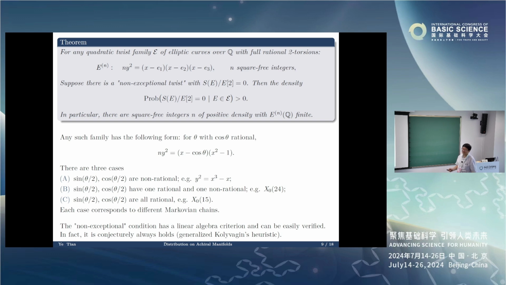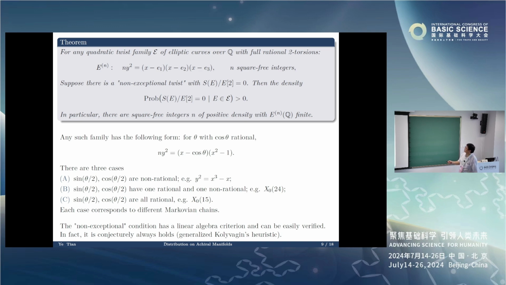Actually, long ago, Wang gave a conjecture, say, for any quadratic twist family, there is a member which has analytic Sha trivial. And then Prasad did some evidence in his thesis at Princeton. So actually, we refine Wang's conjecture, and it can be formulated in this way.